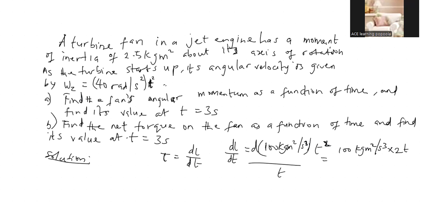Now, to get its actual value at t equals 3, all we need to do is substitute t equals 3 into this expression. So it now becomes 100 kilogram meter squared per second cube times 2 times 3, since time is 3. 2 times 3 is 6, and 6 times 100 is 600.